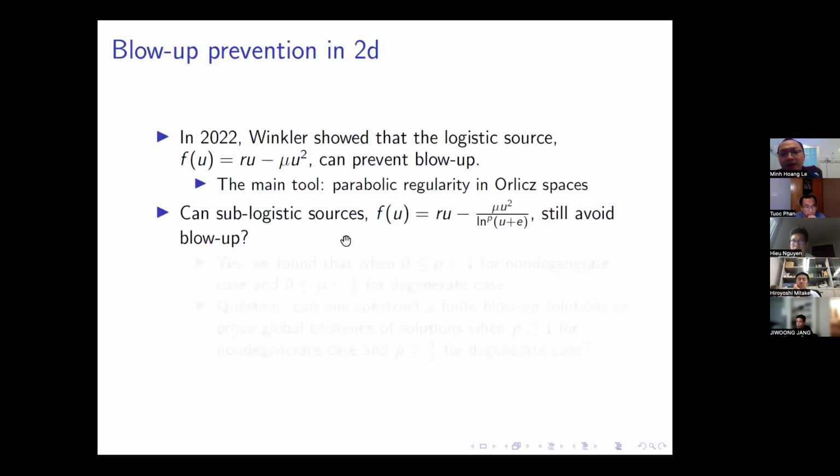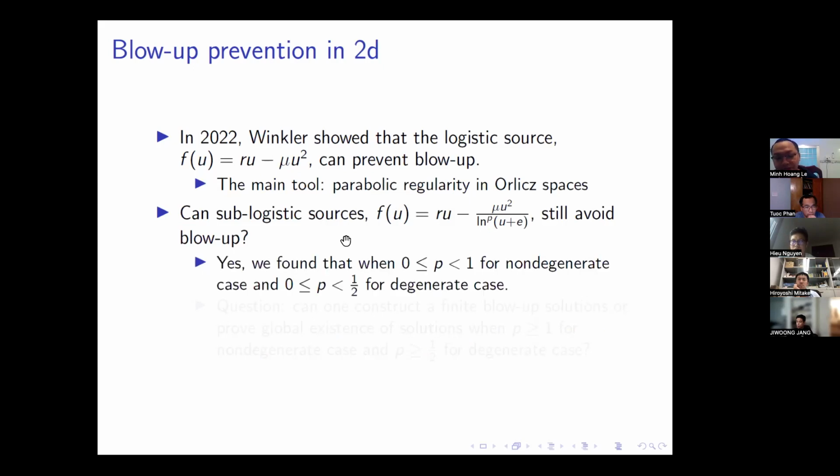Can we show that the solution exists globally or blows up? We found that our main result is that when p is bigger or equal to 0 and less than 1 for the non-degenerate case, and p less than half for the degenerate case, then the solution exists globally.